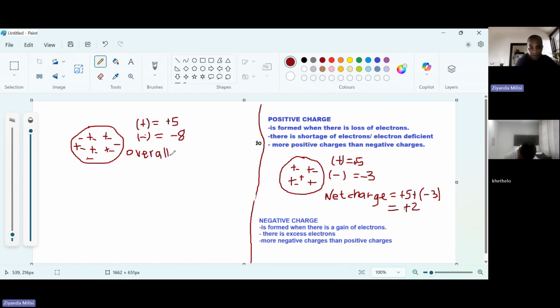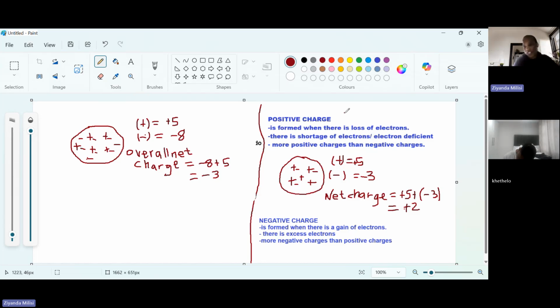So overall net charge is negative 8 plus positive 5, which will give us negative 3. So you can see that it has got an excess of 3 electrons.